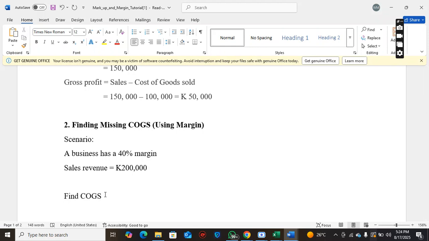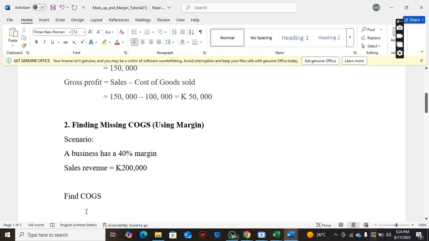Remember, margin is the percentage that represents your profit from your sales revenue. So here, the first thing you need to do is tabulate your profit. Once you have your profit and you have your sales, we'll just use this formula to determine cost of goods sold.